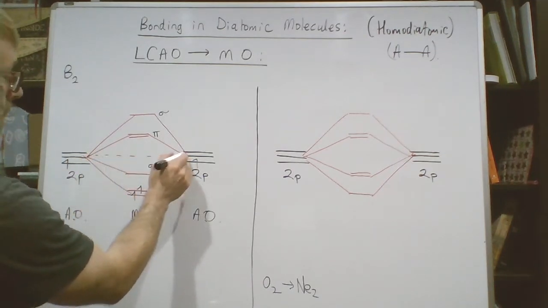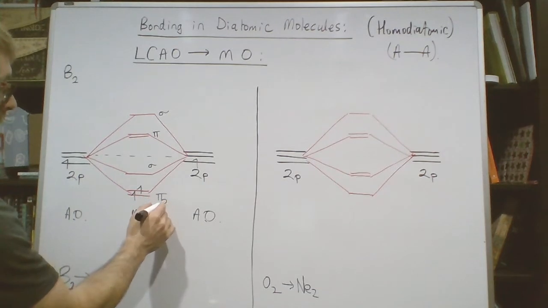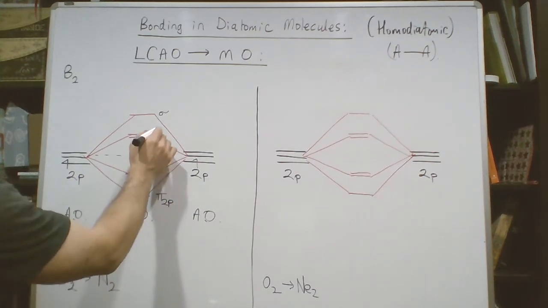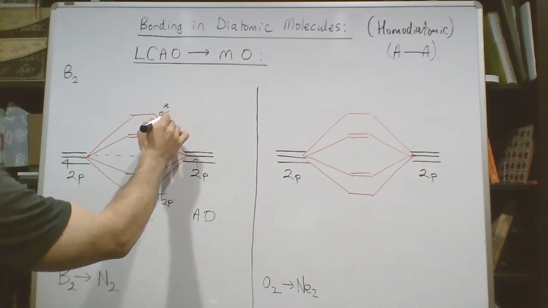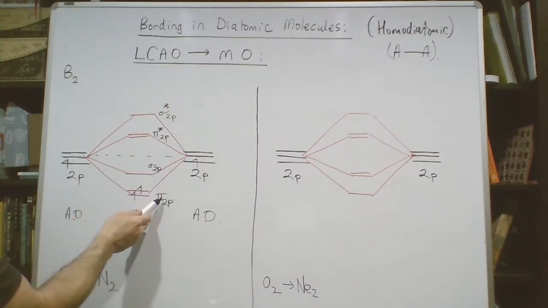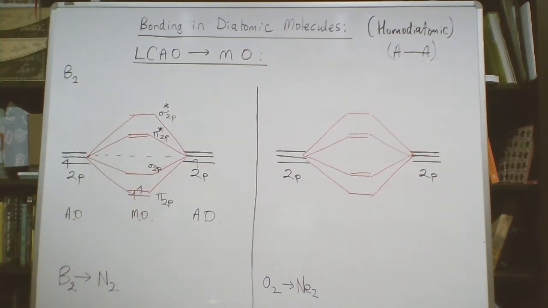Anything lower than the barycenter has no asterisk, it's bonding. So this is a pi 2p orbital. This is a sigma 2p orbital. This is a pi star 2p orbital, and this is a sigma star 2p orbital. Okay, so every bonding orbital has an anti-bonding partner.